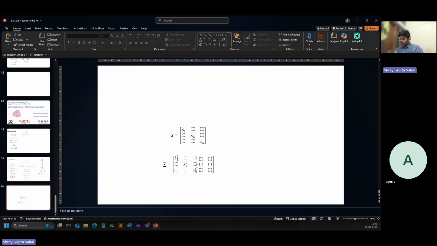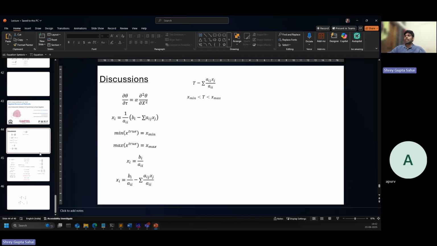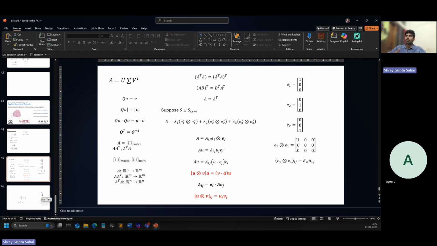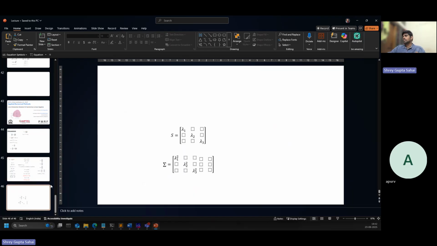The second thing I wanted to show is a very nice decomposition called the polar decomposition. It gives you a good feel of how SVD arises.